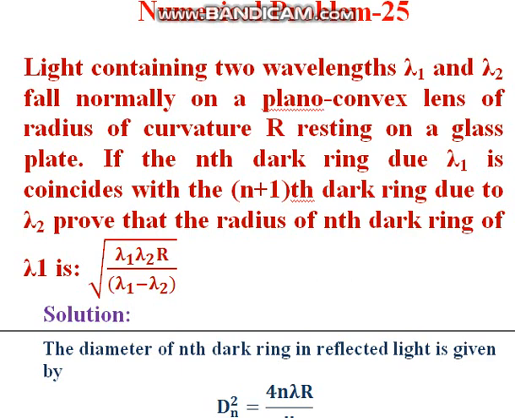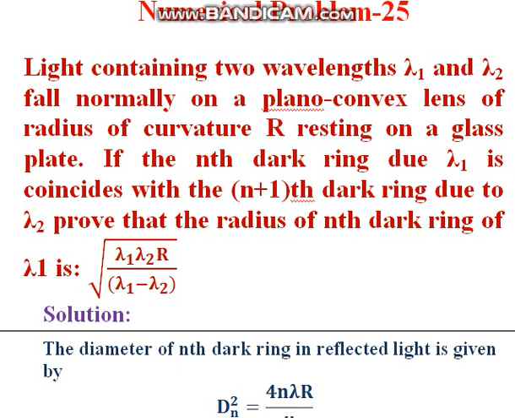In general we use a single wavelength in any interference experiment, that means monochromatic light. What will happen if two wavelengths are present in the source?